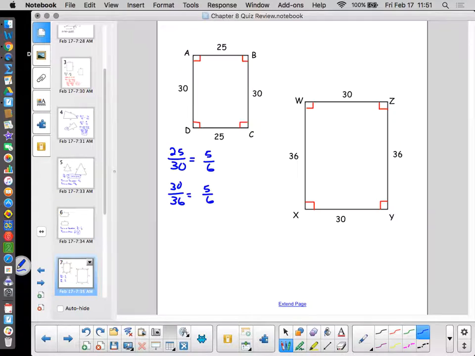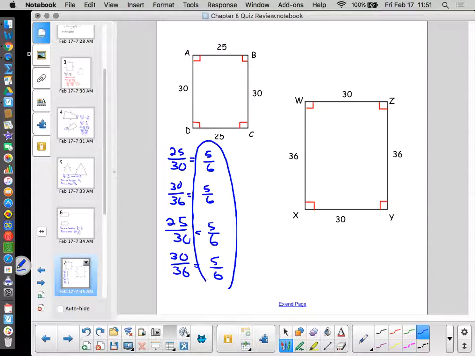Now, it so happens the other ones are repeats, but I'll list them anyway, just to be safe. So all the corresponding sides ratios reduce to exactly the same value, don't they? That means that they're proportional. If 3 of them reduce to the same and the 4th one did not, we are not proportional. They all have to reduce to the same ratio.